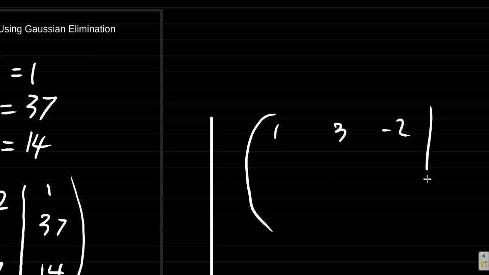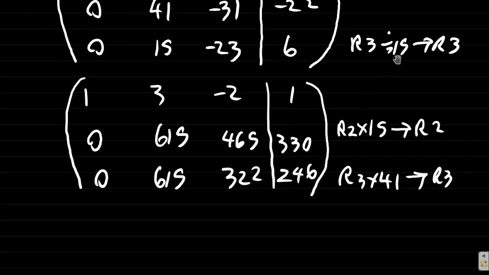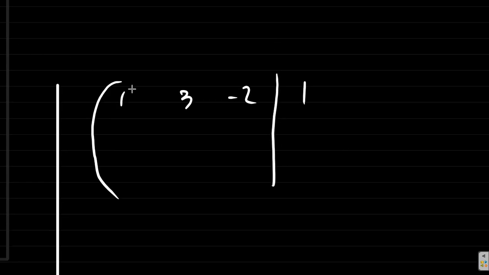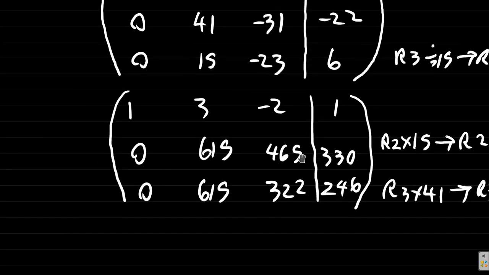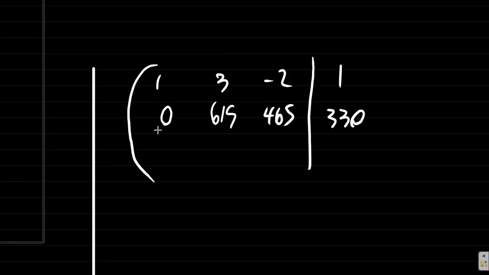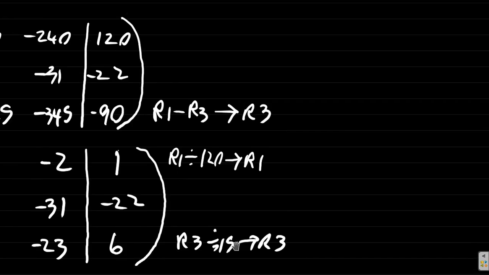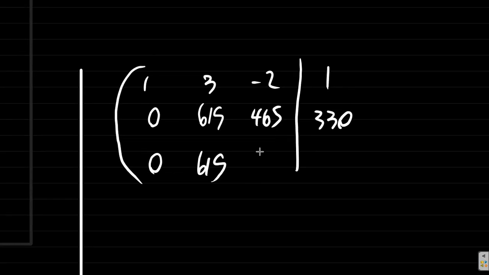Then 0, 6, 15, 465, 330. Then we're going to have a 0 here, and a 615, then 322, 246. All right, so let's work from here.